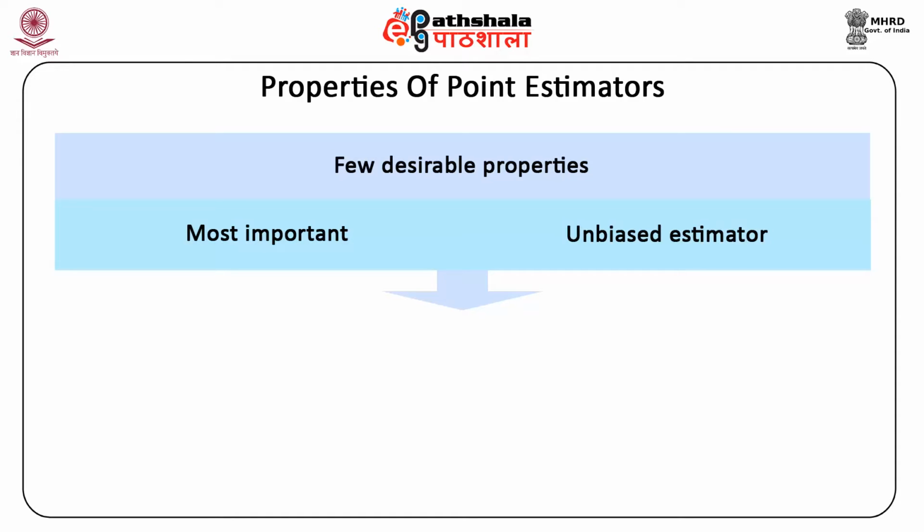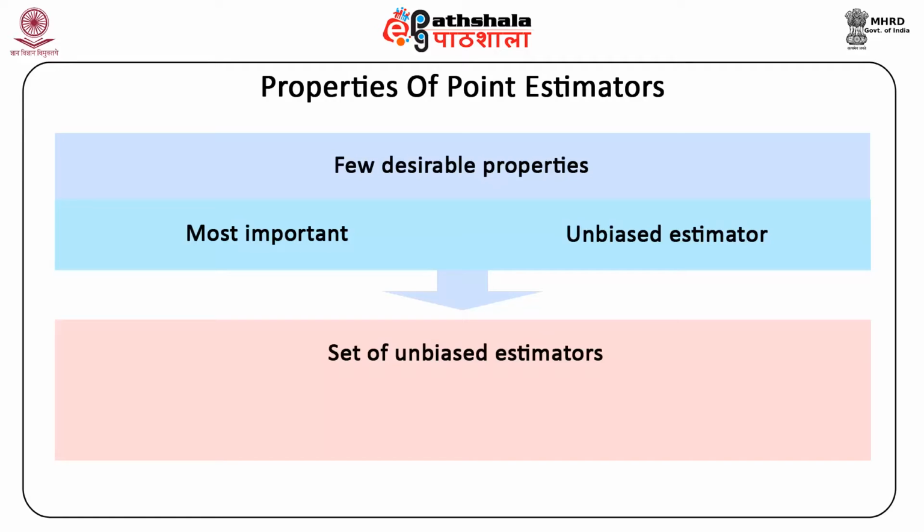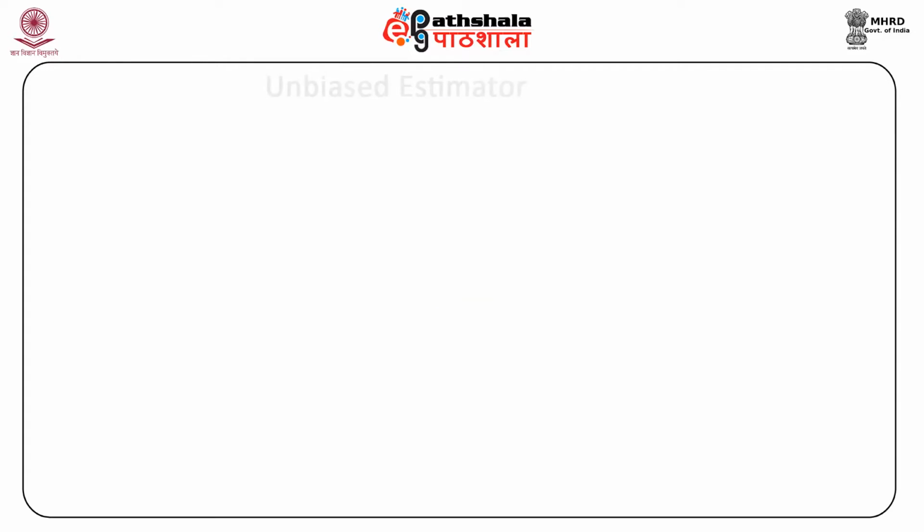And once we have a set of unbiased estimators, we should look for one that has the minimum variance in the set of given unbiased estimators. Moving on to understand what an unbiased estimator is.